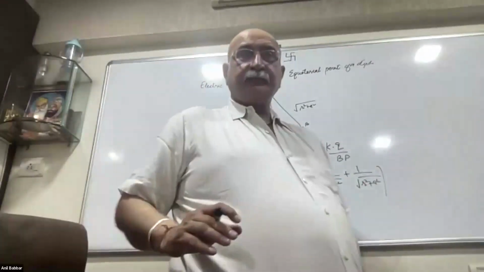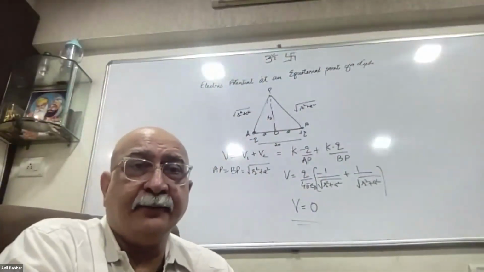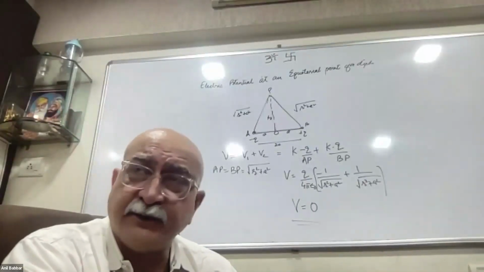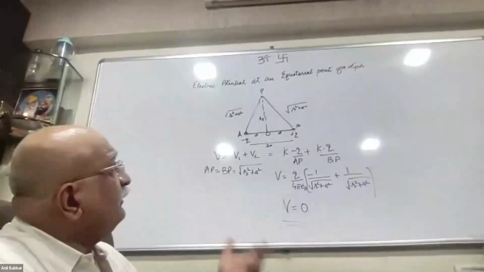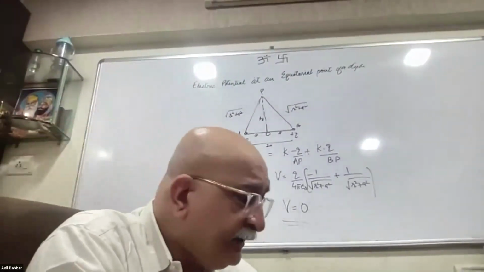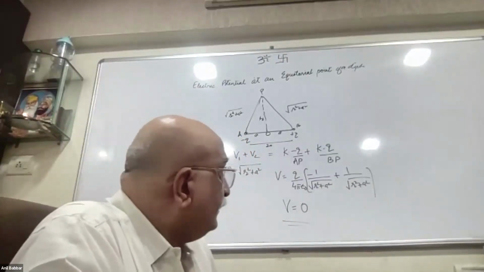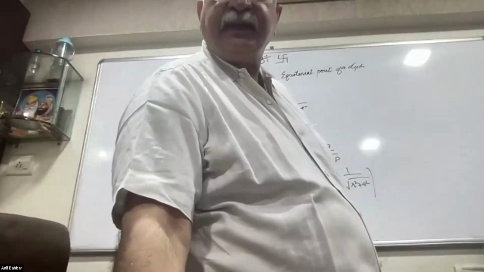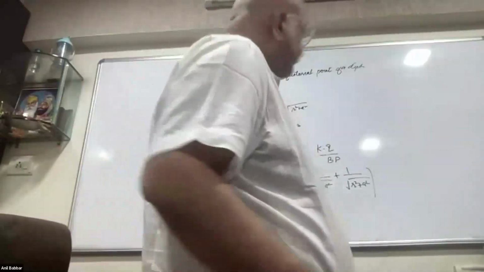That means the electric potential at a point due to dipole at an equatorial point is 0. Now, we will consider this point lying anywhere outside the dipole. Fine. So let's find the electric potential at any general point due to this dipole.